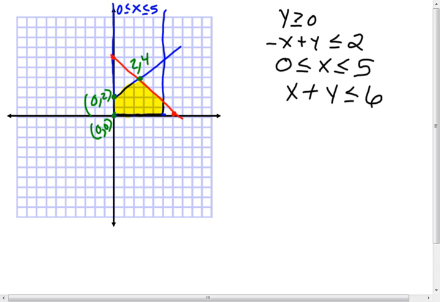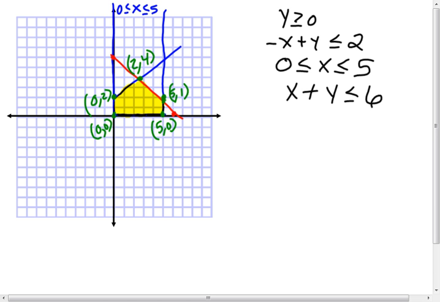Notice mine is slightly off, but if we use the actual straight lines, it would be 2, 4. The other 2 points are 5, 1. That would be this line here. And then the last one would be 5, 0, this point. So there are our 5 points.